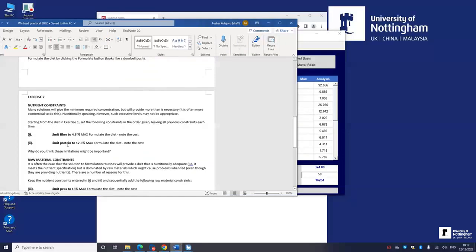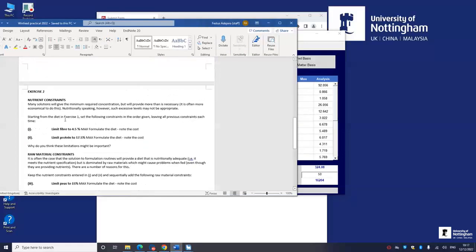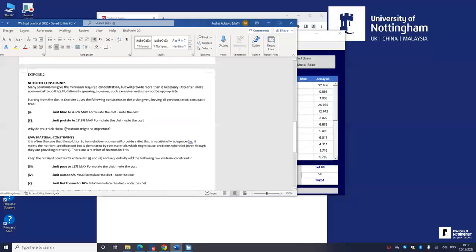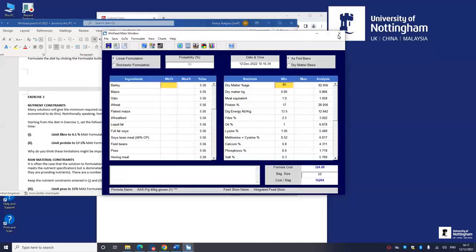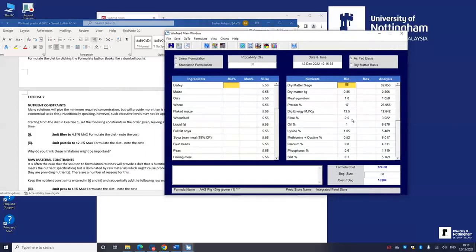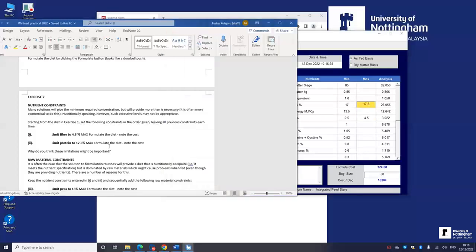So we can set, for example, limit fiber to 4.5 maximum. So we can come in here and set fiber maximum of 4.5. We can set protein to say, do not formulate beyond 17.5% protein.